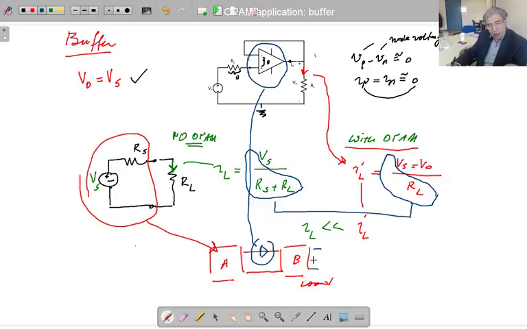I am transferring the maximum power to this output by using this buffer. That's why the buffer circuits are important. You cannot do it by a short circuit. If you make a short circuit like this in between, then the current that you transfer to B is going to be less, as we have seen here. That's why the buffer circuits are important in practice. That is the end of this video.